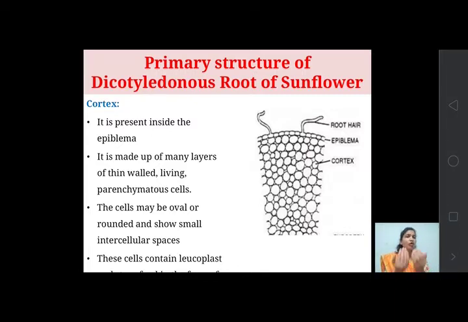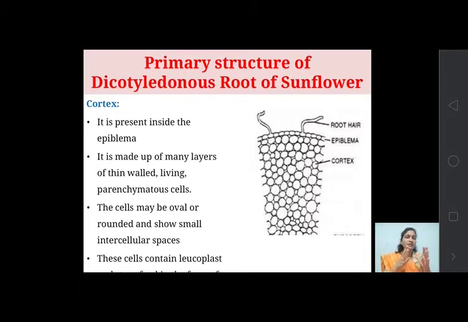Homogeneous means only one type of tissue makes the whole cortex. So the cortex of the root is homogeneous, and it is made up of thin walled parenchymatous cells. Parenchymatous cells means living cells. The cortex is living in nature.